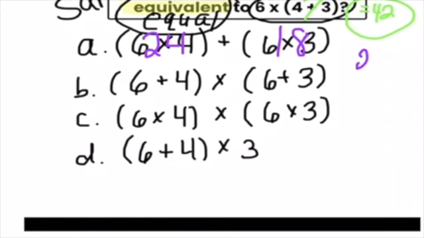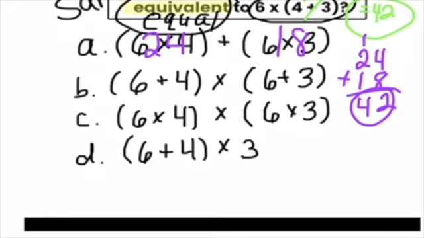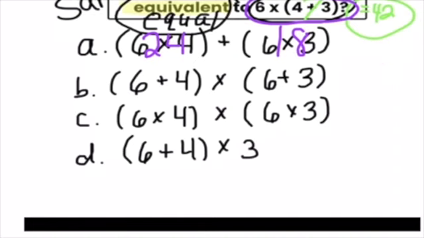So I need to figure out 24 plus 18, and with that I am going to get 42. So that is equivalent to the expression we have up here because we knew that also equals 42. So I know that A for sure is an answer, so I will circle A.